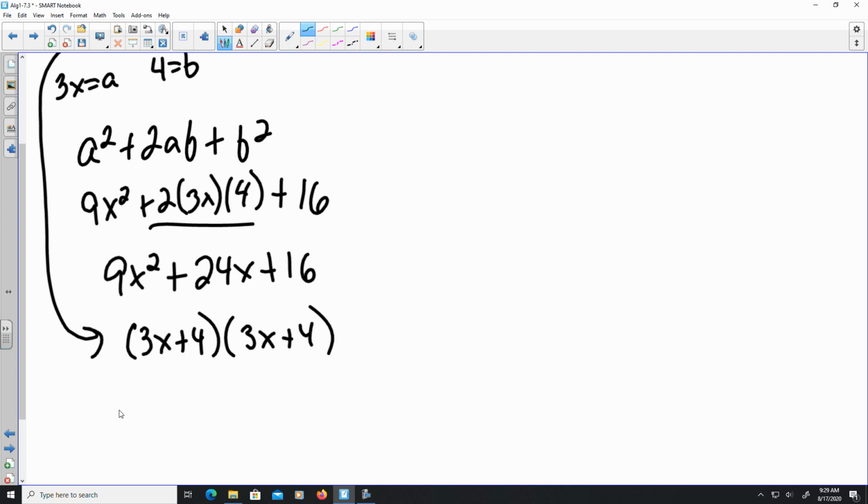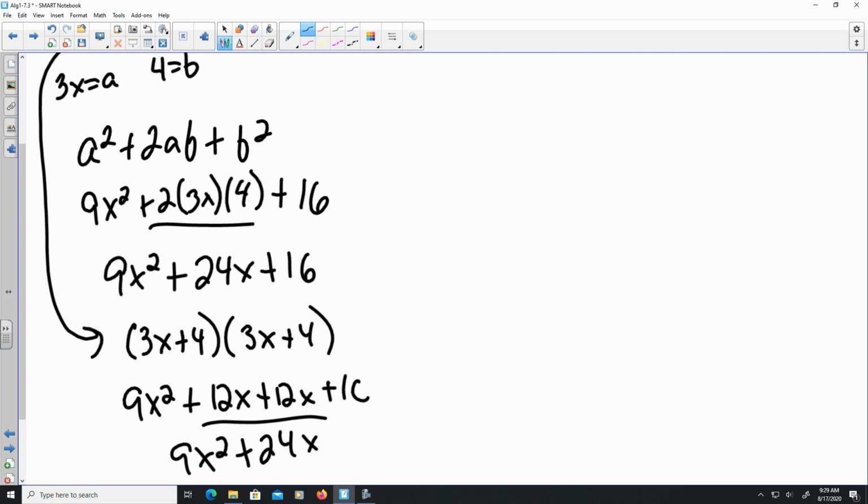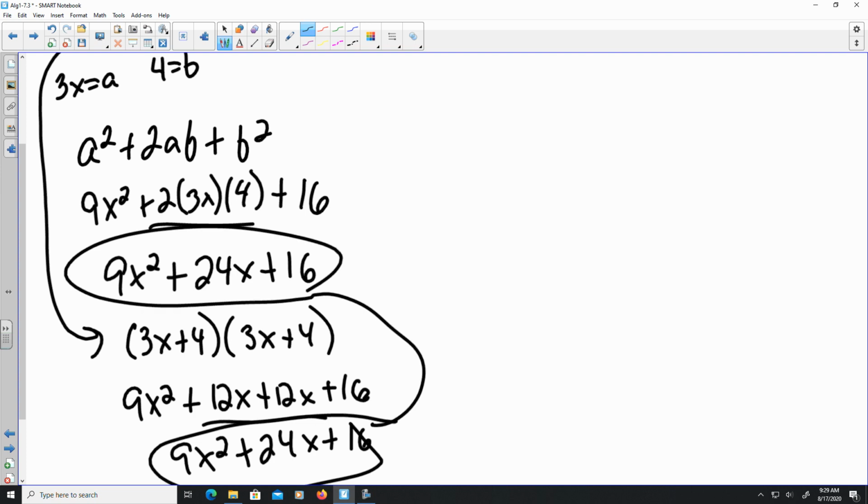So this turns to 3x times 3x, which is 9x squared. 3x times 4 is plus 12x. 4 times 3x is plus 12x. 4 times 4 is plus 16. Add these two together, so I got 9x squared plus 24x plus 16. Is this the same as this? Absolutely. So there's no difference in the approach, you still get the same result.